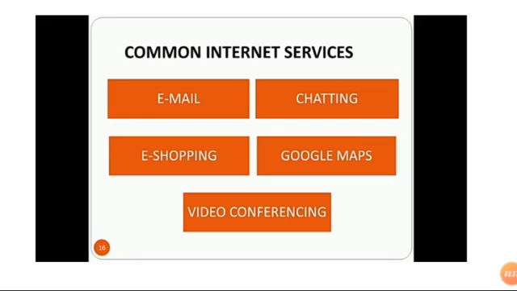To use internet we need a software, and that software is called web browser. Like in our phone we have Google Chrome. Chrome, Internet Explorer, Mozilla Firefox, Netscape Navigator, these are the commonly used web browsers which are used to access internet.